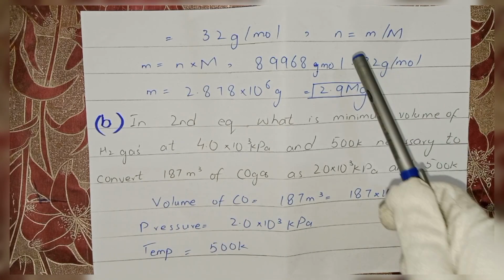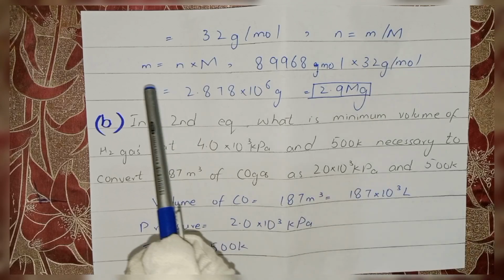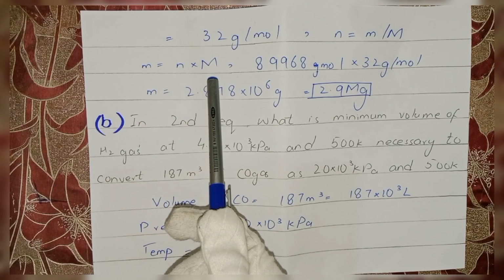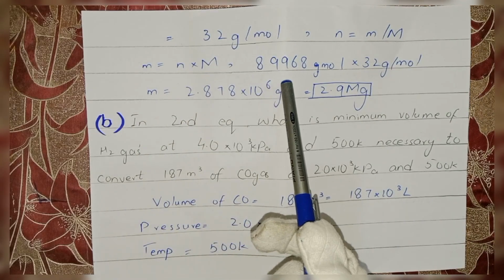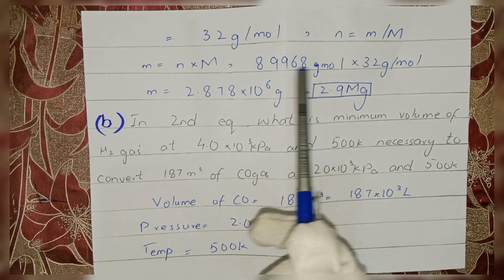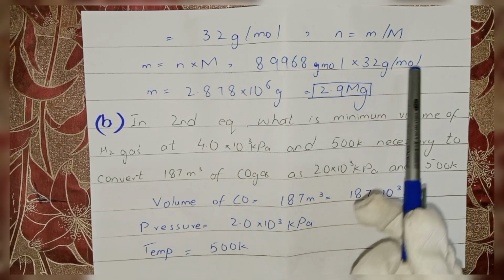We know that mole is equal to mass over molar mass. So mass is equal to mole into molar mass, where mole is 809,968 and molar mass is 32 gram per mole.